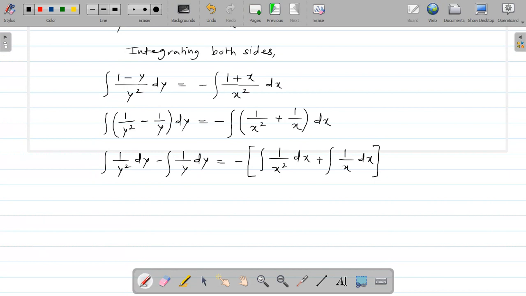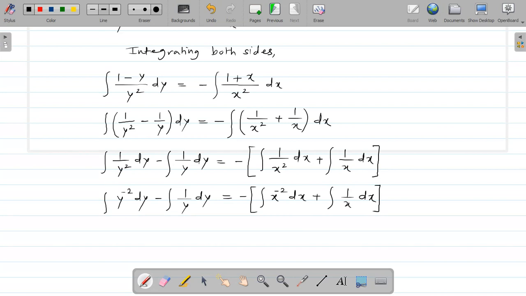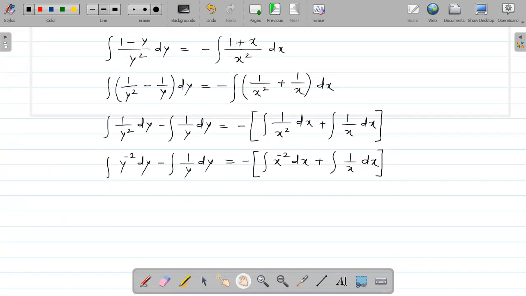If you write like this, 1/y² can be written as y^(−2) dy, minus the integration of 1/y dy is equal to minus, and in bracket, now see, for the integration of 1/x² I will write x^(−2) dx plus the integration of 1/x dx, like this. Now it is ready to integrate.